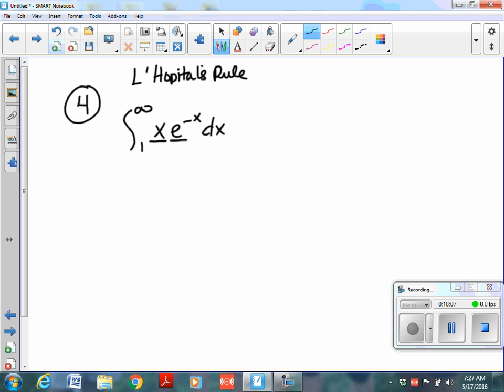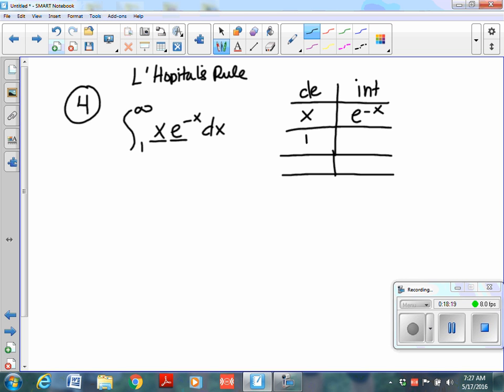So I'm going to go over here and make myself my chart. This is the derivative, this is integral. And I'm going to put x here, and I'm going to put the e to the negative x here. The derivative of x is 1, the derivative of 1 is 0. The antiderivative of e to the negative x is a negative e to the negative x, which ends up being a positive e to the negative x. Positive, negative.